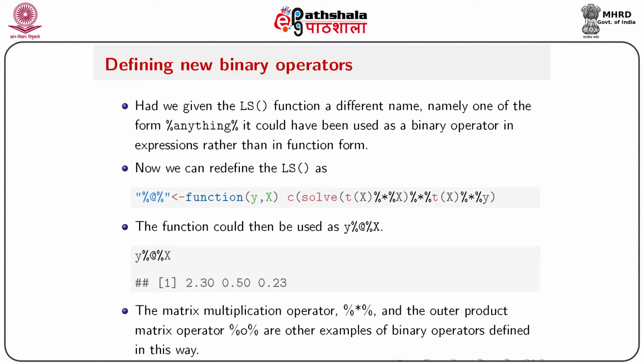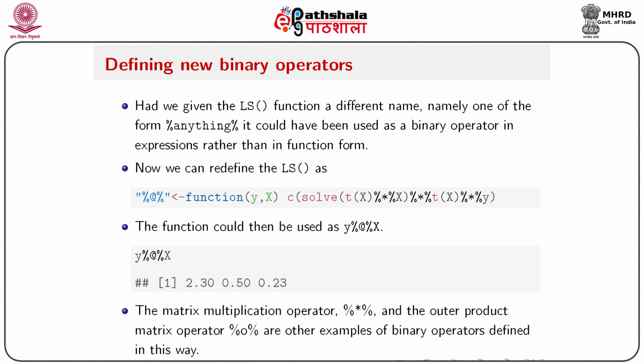For that, you write the name of the binary operator at the left side within double quotes, then equals function y x, and then write down the return value, or write your own functions and finally the return value. I just copied the same function that I defined earlier here, and instead of the ls name I just replaced ls by this binary operator created by me within double quotes.